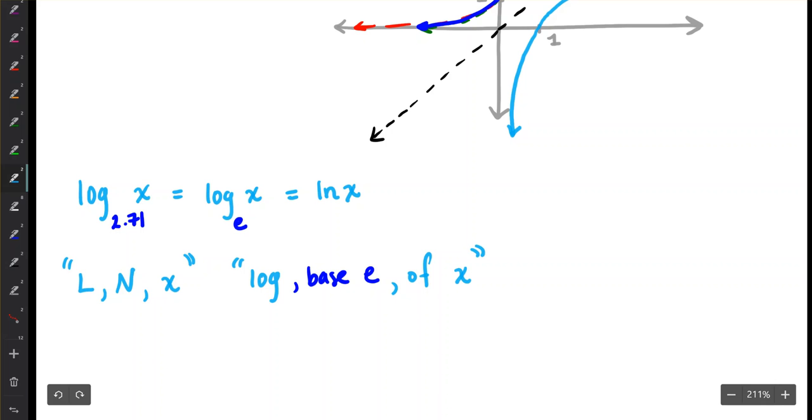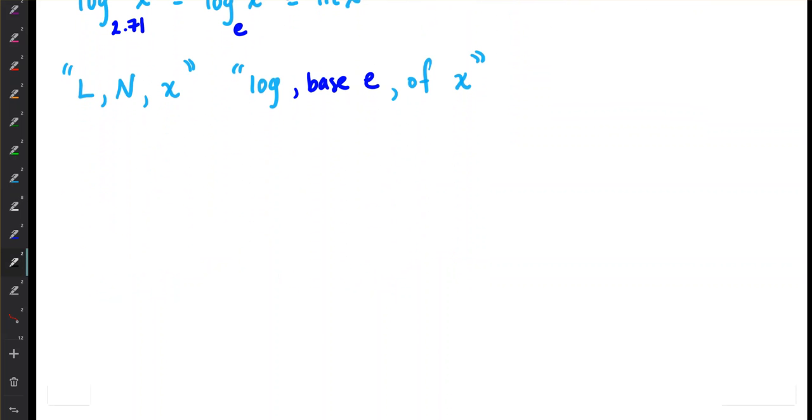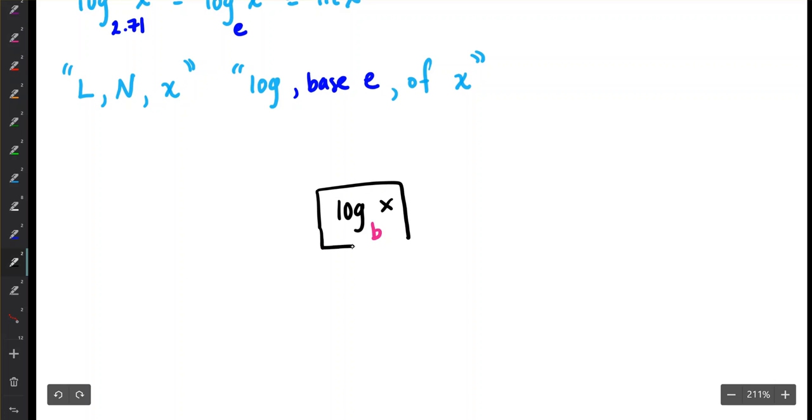Okay? So, remember what logs do. All logs of any base take in powers of the base and they spit out the exponent.